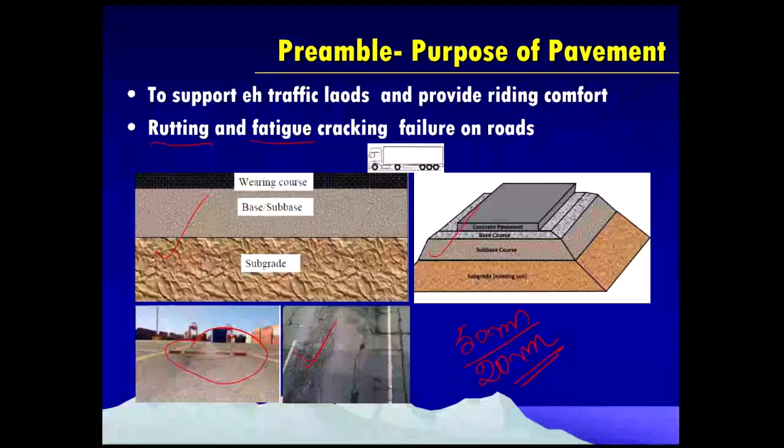Our purpose is that the pavement should take the traffic load imposed by different trucks and safely transfer it to the underlying layers so that it can perform better. That is our motto, our preamble.